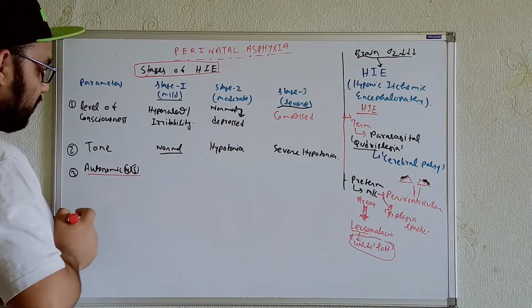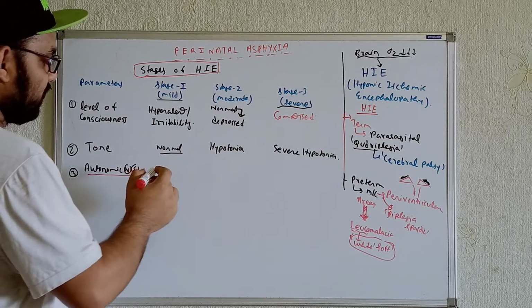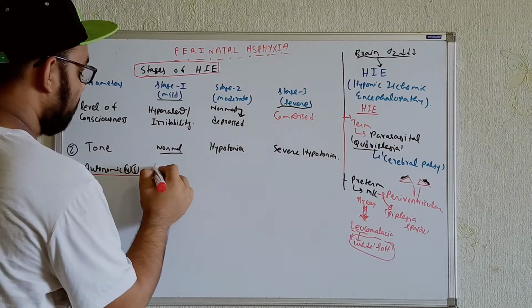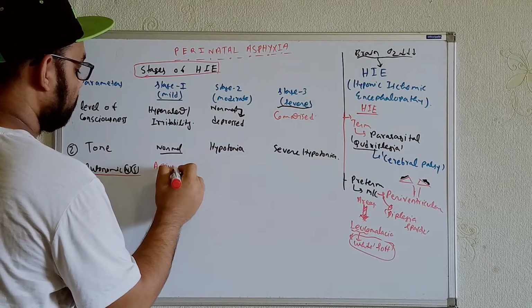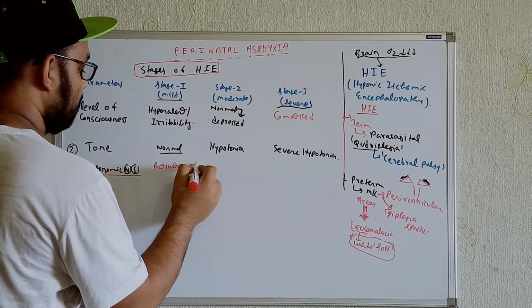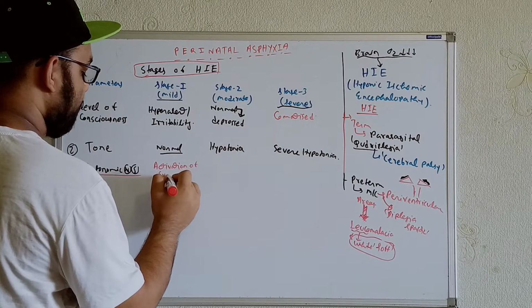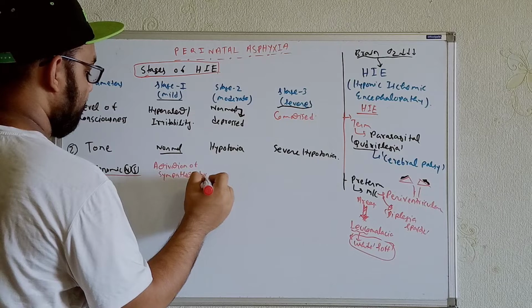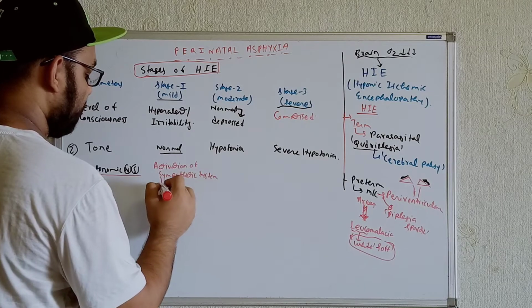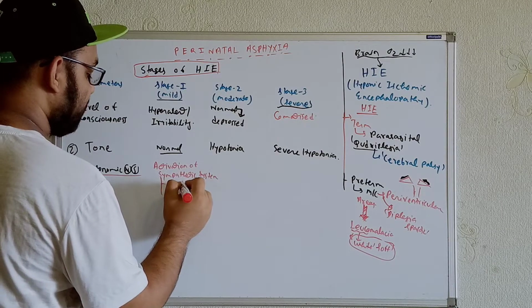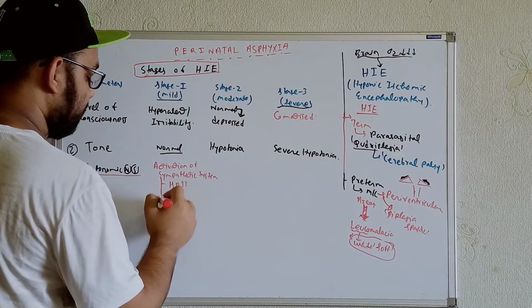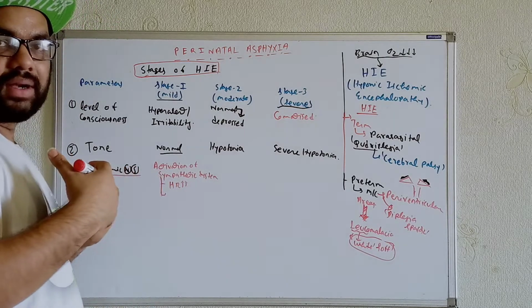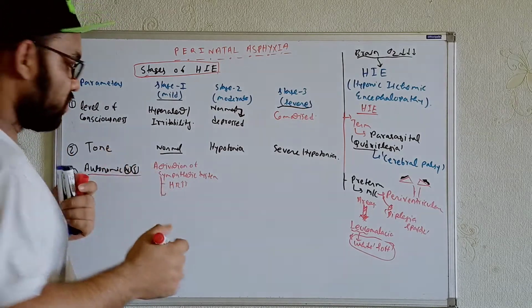When we talk about the autonomic nervous system, we'll get activation of the sympathetic system. As a result, the heart rate will definitely be increased, and in the pupil we will get dilation. So we will get mydriasis.